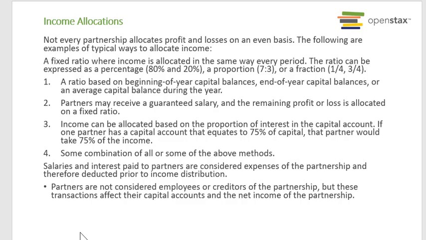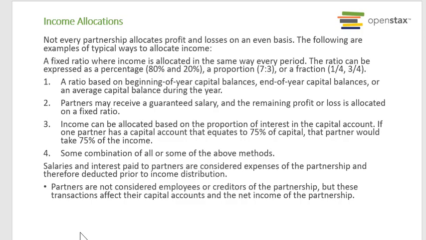2, partners may receive a guaranteed salary and the remaining profit or loss is allocated on a fixed ratio. So if Bob and John have a partnership, but John works in the business full time, he's probably going to get a salary, and then the profit and loss comes after the salary was paid out. And so he might get less or more, but he's getting a salary regardless.